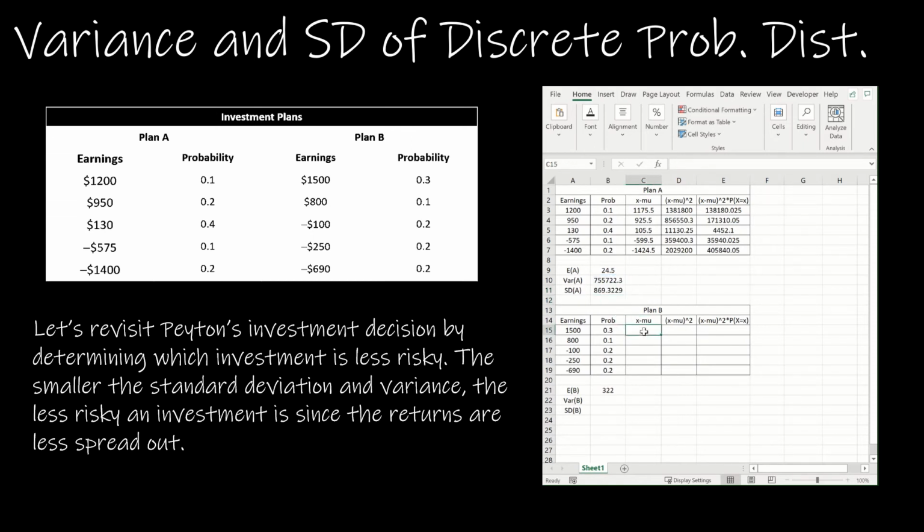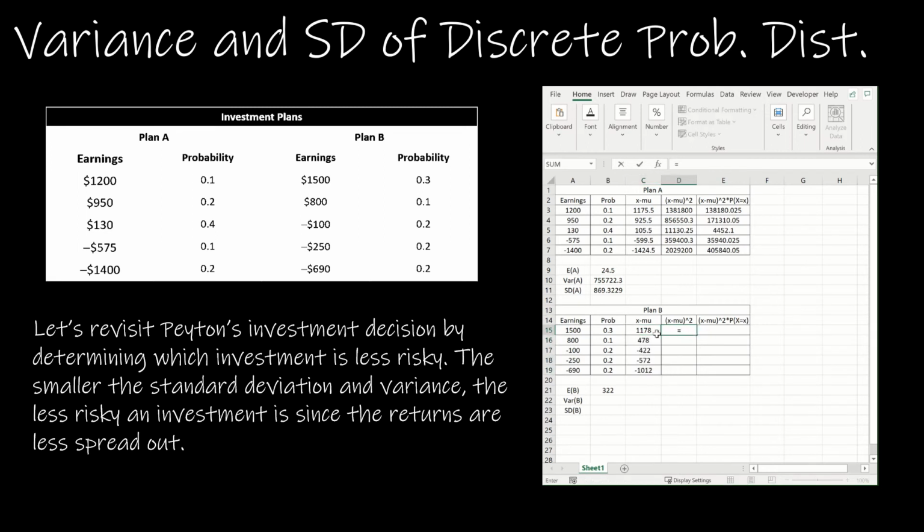Then I'm going to do the exact same thing here. I'm going to say equals, then x minus, and I'm going to choose the new mean. Just as I did before, I'm going to put the $ sign on the B and the 21, so that B21 continues to be the value that is subtracted.